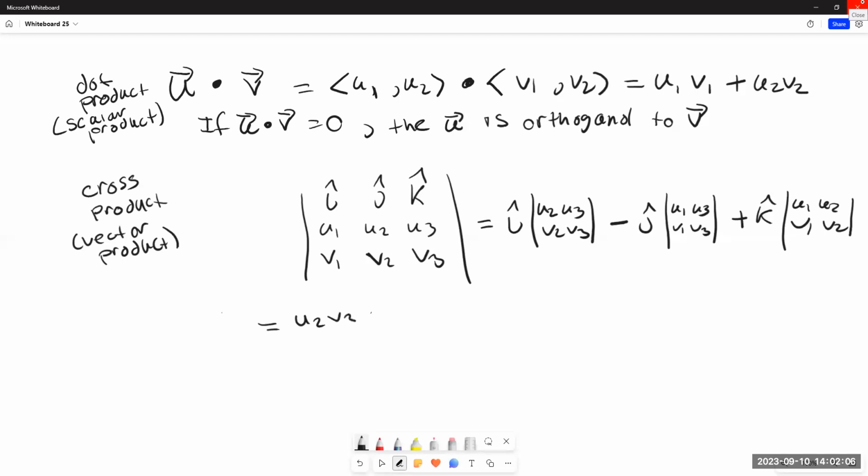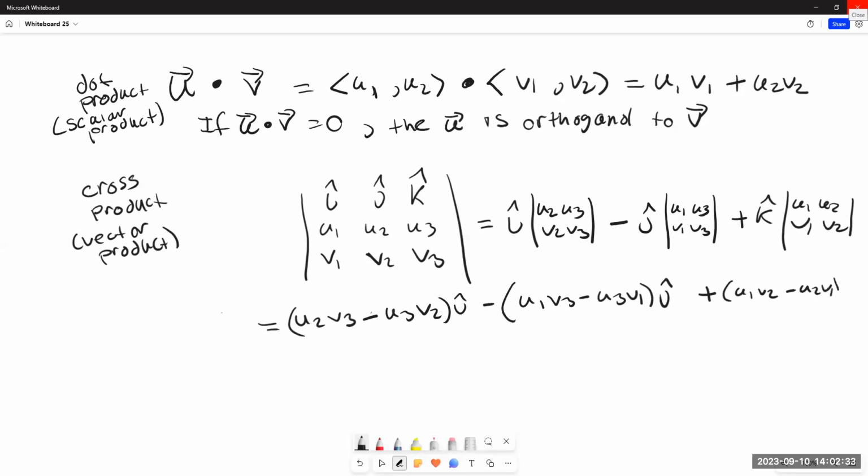So that's going to give us (u2 v3 minus u3 v2) i minus the quantity (u1 v3 minus u3 v1) j plus (u1 v2 minus u2 v1) k.